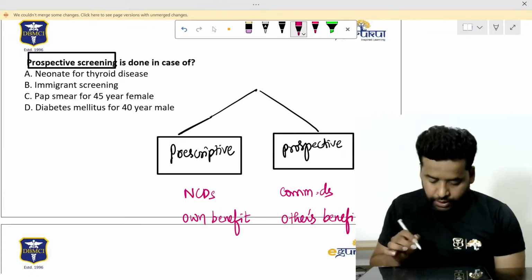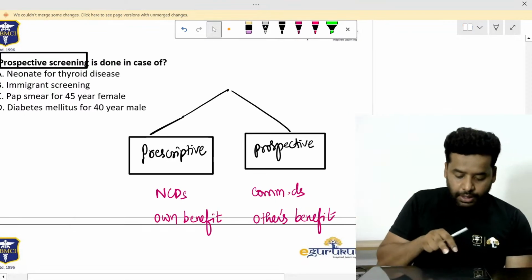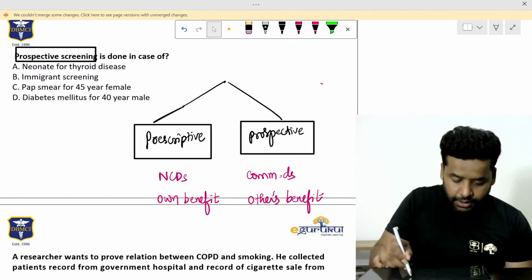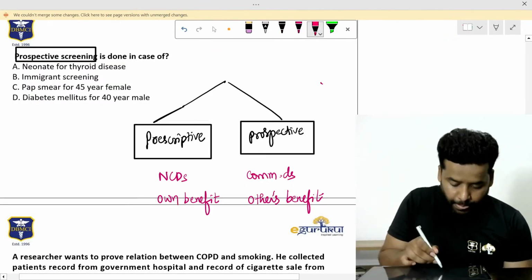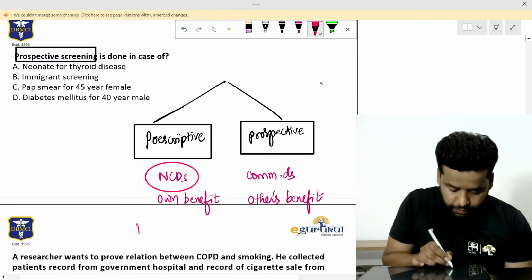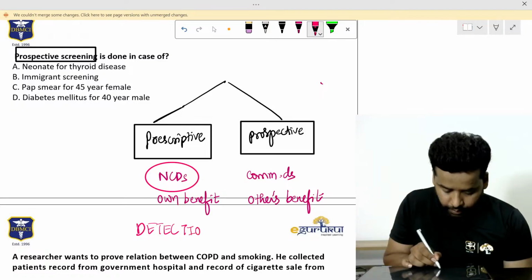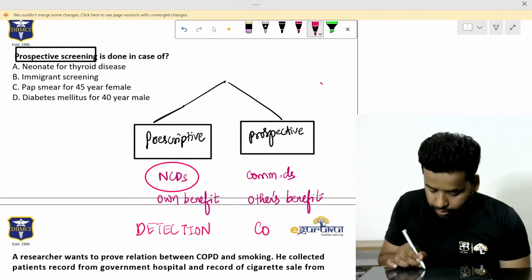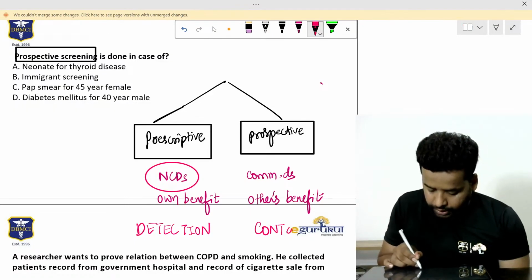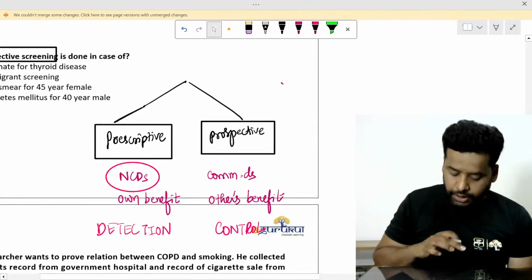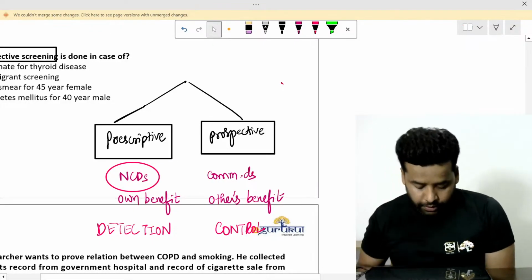So the main purpose of prescriptive screening is detection, where you detect non-communicable diseases like cancer. If I want to check disease control, then it is prospective screening.